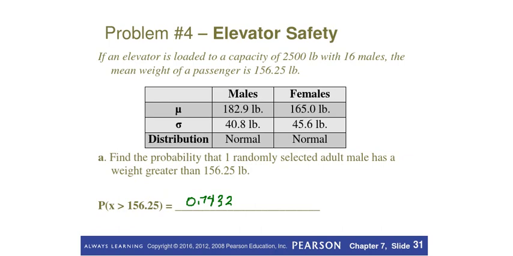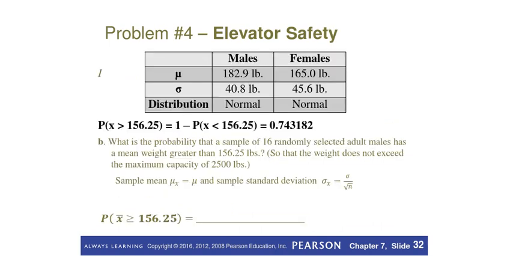Pretty high chance, actually. All right, now let's go to our sample. What is the probability that a sample of 16 randomly selected male adults has a mean weight greater than 156.25 pounds? Remember, we're going to use our sample mean equal to the population mean, but we're going to get our standard deviation of the sample means equal to 40.8 divided by the square root of n.